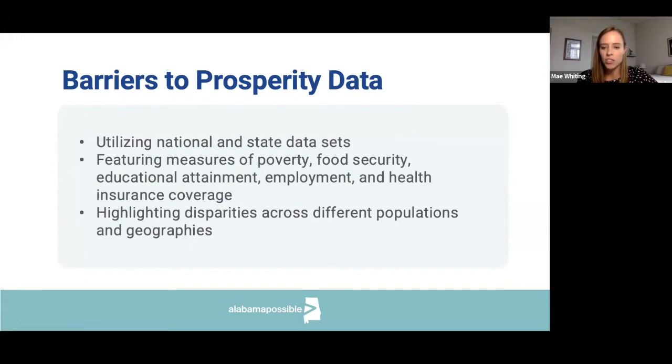And as you'll see when we review the data sheet, we feature several measures such as rates of poverty, food security, educational attainment, employment, and health insurance coverage. Within those measures, we aim to also highlight some pretty stark disparities across different populations and geographies. To the extent that we can, we're trying to disaggregate the data as much as possible.